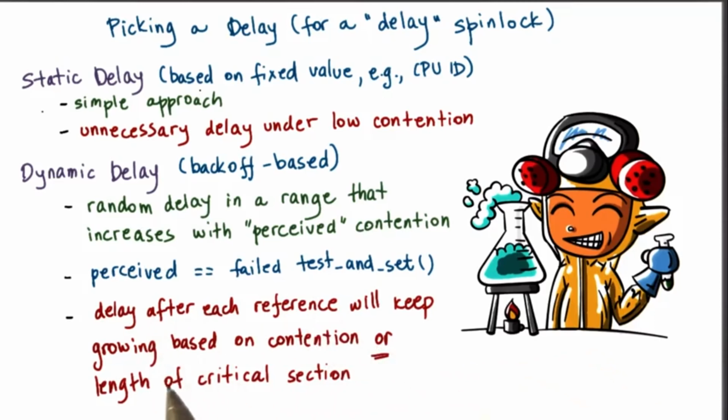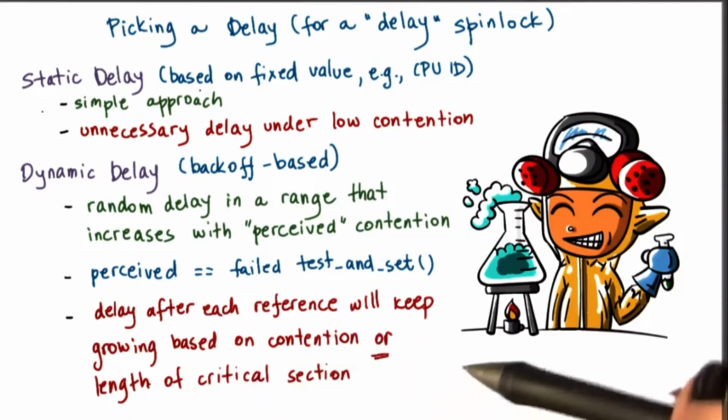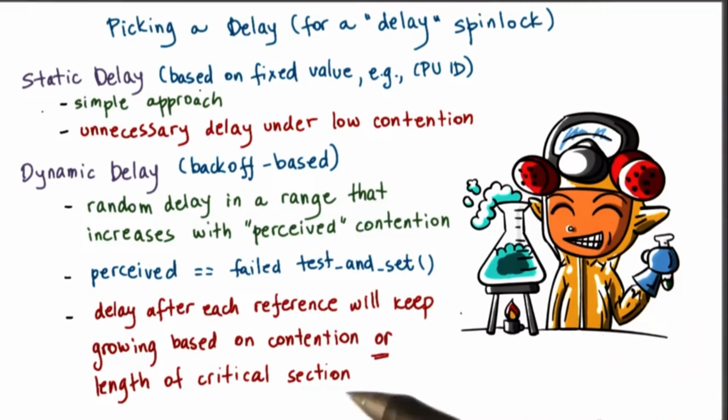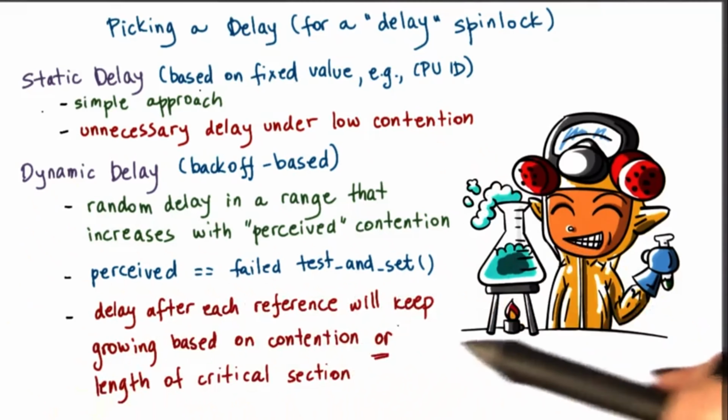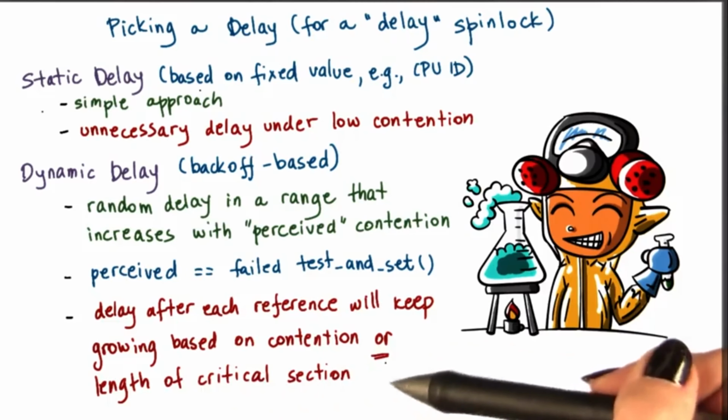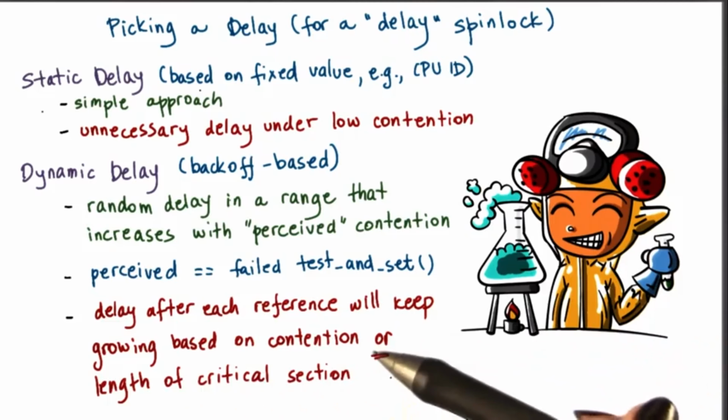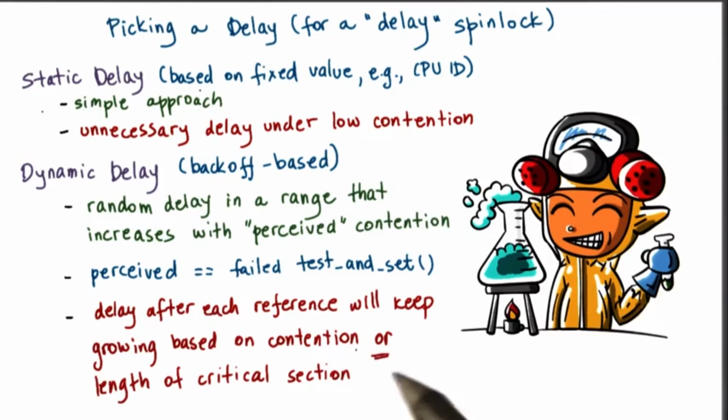The problem with this, however, is if we're delaying after every single lock reference, then our delay will keep growing based on both whether there is indeed contention in the system or simply whether the owner of the critical section is delayed or is executing a long critical section. So then we may end up with the same situation as before. Just because somebody was executing a long critical section while holding the spin lock, that doesn't mean that we need to bump up the delay. So we need to be able to guard against this case.